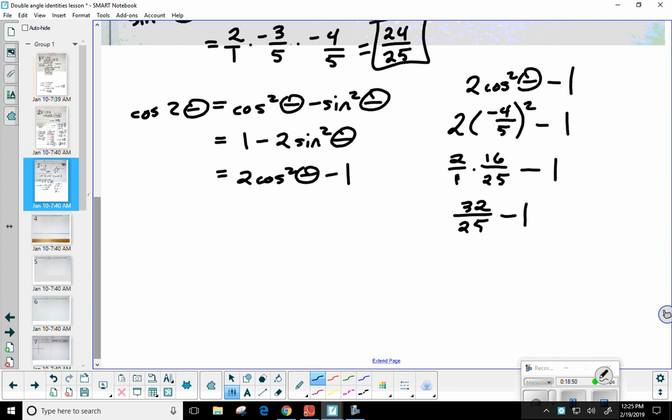There we go. So basically, what number divided by 25 will give me 1? So I can just change that to 25/25, right? Now, when you're adding or subtracting, you keep the same denominator. So I'm going to put the 25 here. I'm looking for a 32 minus 25. 7. So that would be cosine of 2 theta.